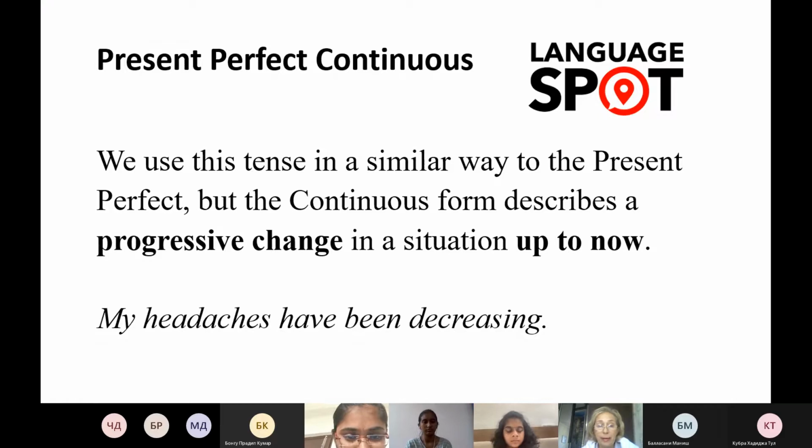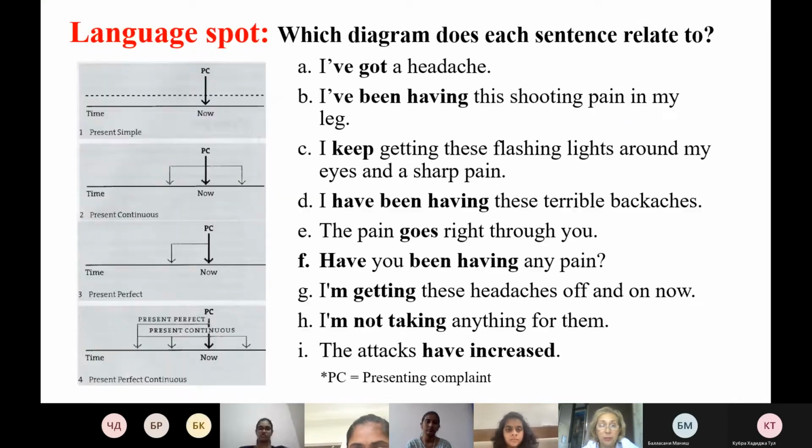And the example, my headaches have been decreasing. So for some period of time, gradually, for example. I hope that you remember these rules, and let us check it, focusing on the practical exercise.